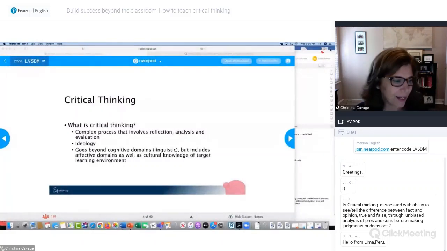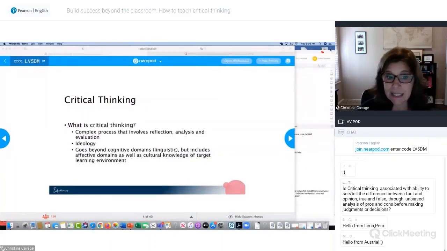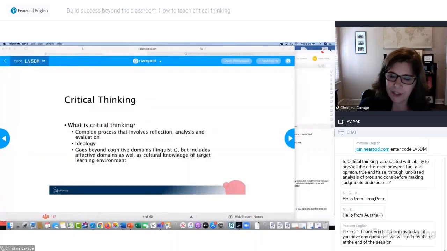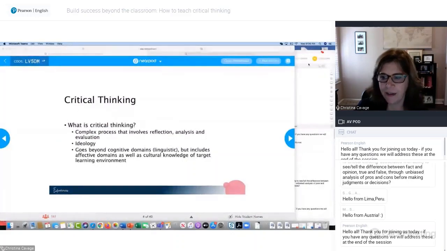And we also have to take into consideration the cultural knowledge of the target learning environment. So not only do we need to build those cognitive and affective domains, we also need to consider the cultural knowledge that students need in that target learning environment.